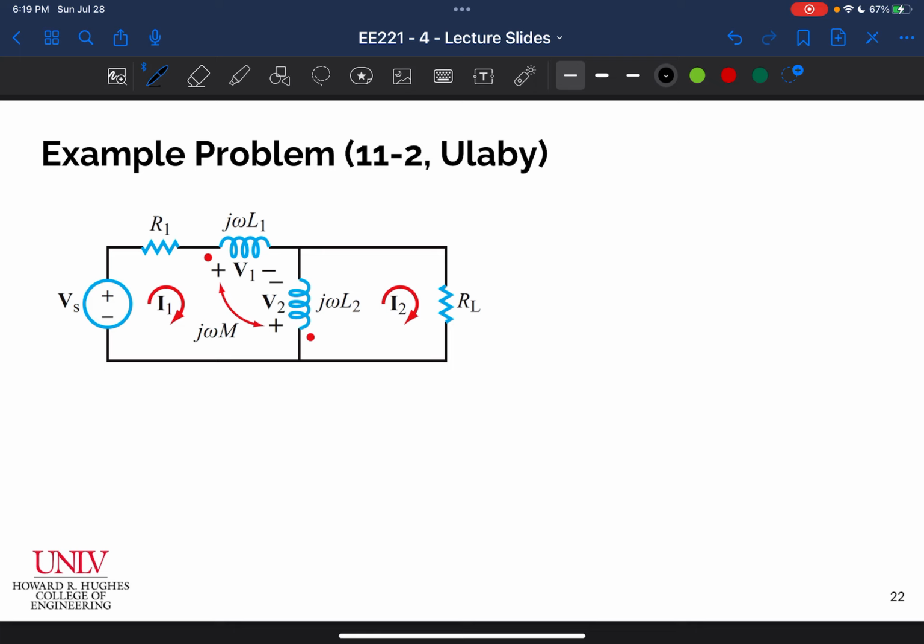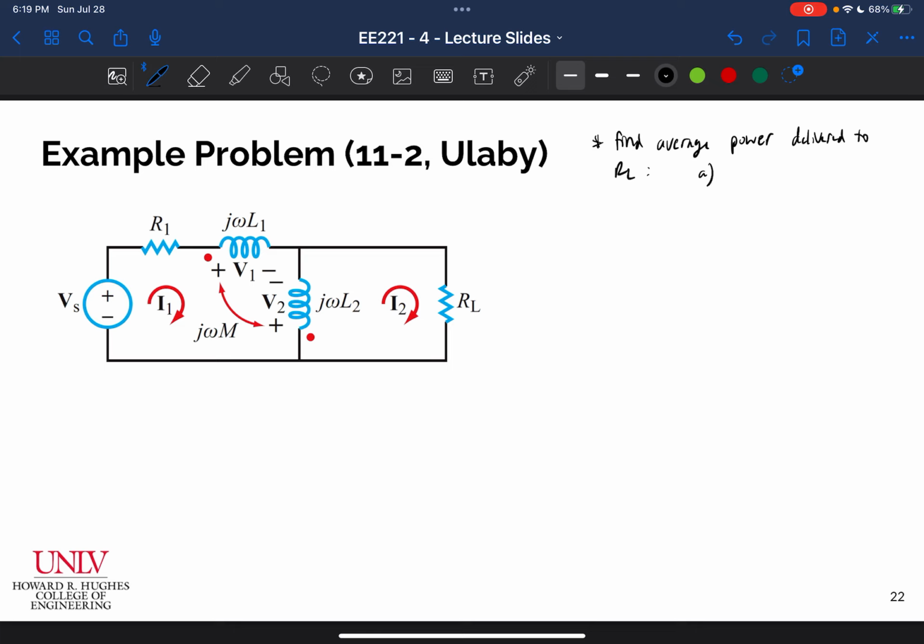What we want to find is the average power delivered to RL. So now we're pulling some concepts from Module 3 into this problem. They want us to do this for three different values of mutual inductance.